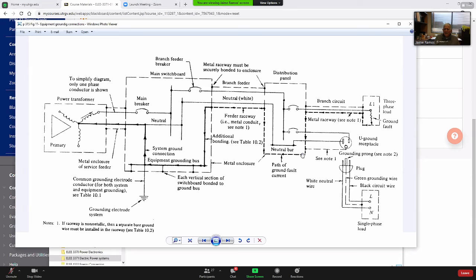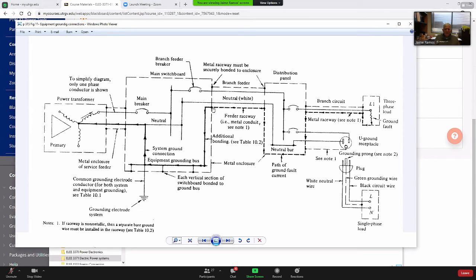So in this case, the raceways are being used as grounding conductors, which is possible. NEC allows that. Then the current arrives at the distribution panel. So now from the distribution panel, it must go to the main switchboard. So now it's going to go through the raceway again, through the metal conduit.